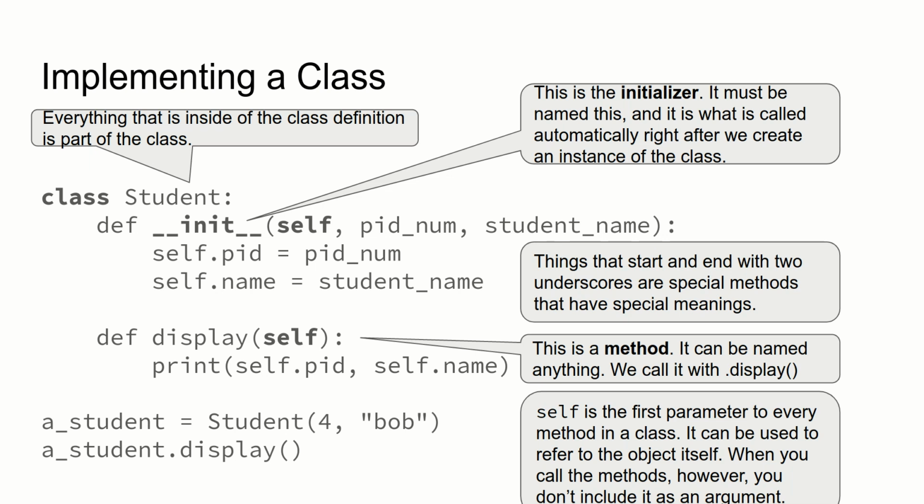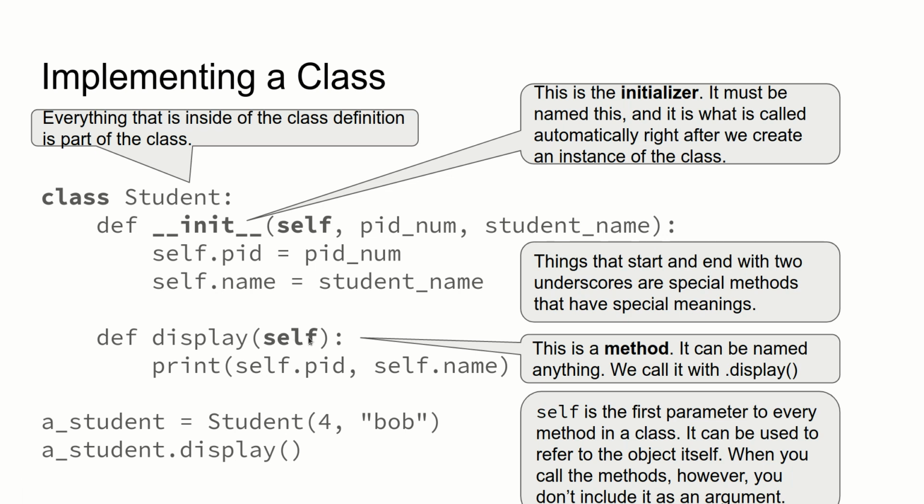That's just a shorthand way of saying it's a function that was written inside of a class, and that uses this self parameter to be able to use the data of that object. So here, when we call display, we are always calling display with some student object before it, and that gets fed in as the self parameter.